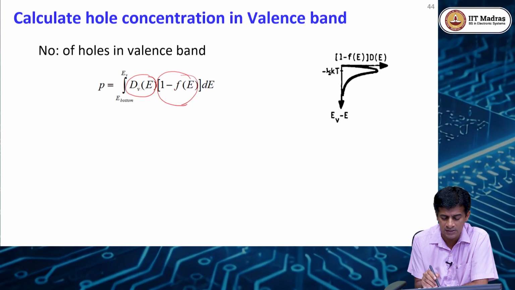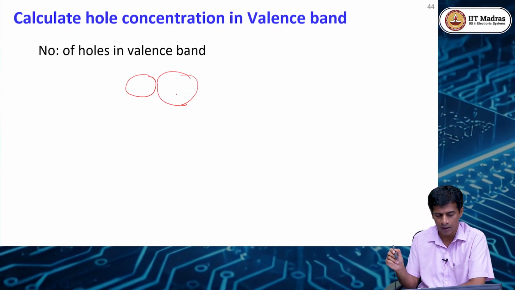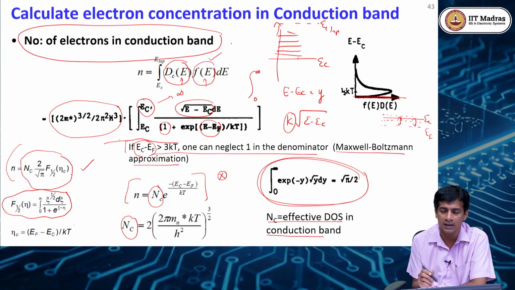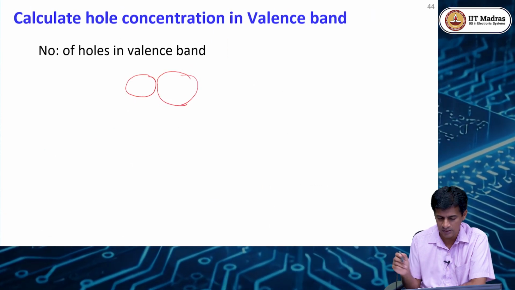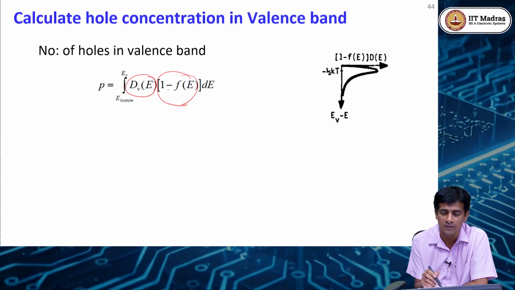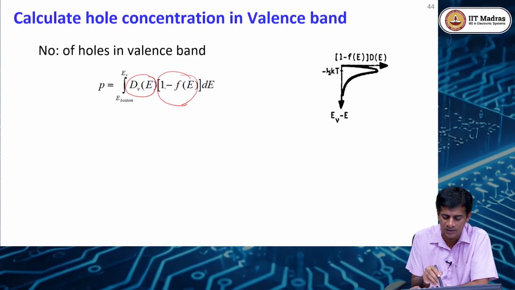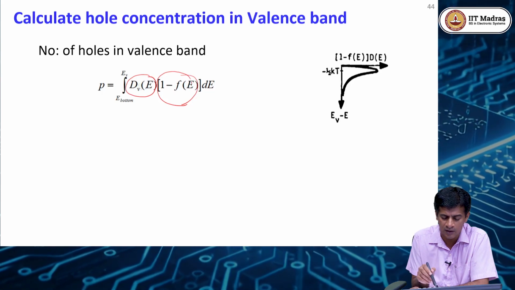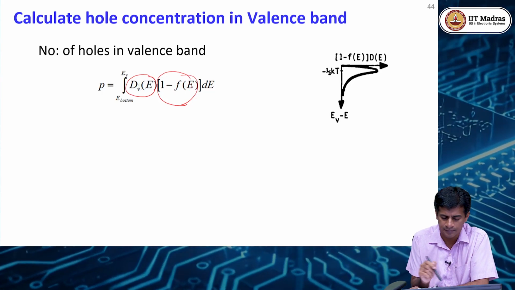So this is the main difference between the probability in the conduction band and in the valence band. In the valence band, we are looking for the vacant states. That is why we use 1 minus f of E, which is the probability of that state being vacant.